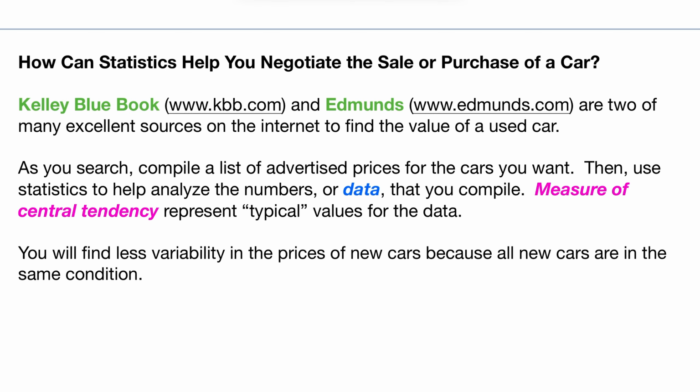Prices are going to be clustered around a general number for new cars, because all new cars are in the same condition. When we're talking about used cars, we have a lot more variability when it comes to the condition of the car, and therefore pricing will also show a lot of variability. So just be aware of that when you're purchasing a used car versus a new car.